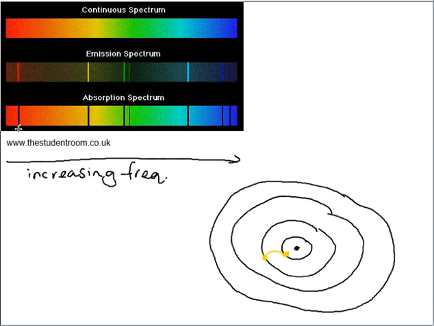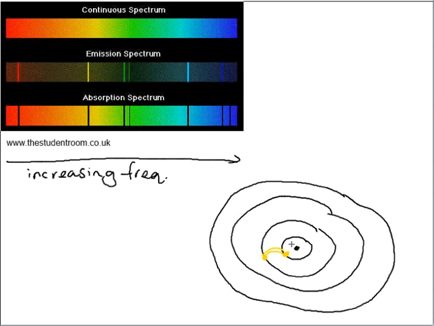The black line here is the frequency that it absorbed, and the emission spectrum is the exact opposite of it. This line here is the energy that it released when it jumped back down. So when it jumped back down, it emitted the frequency, the light that it absorbed in the first place.